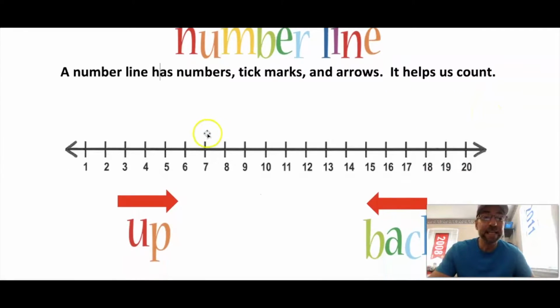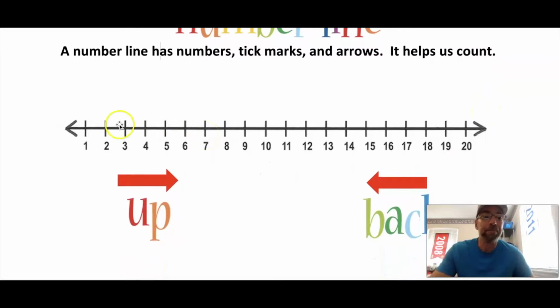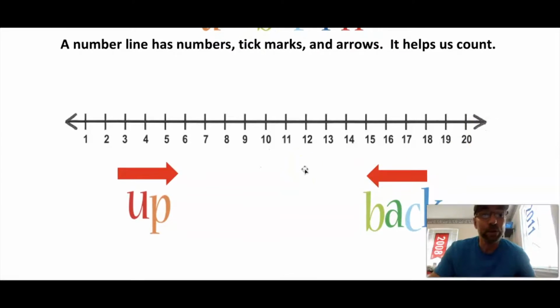So you can see here that we have a number line, and my number line has a whole bunch of numbers, and my number line has tick marks. These are these little lines that each one represents a number. And then I have arrows at the beginning and at the end because a number line can go on and on and on forever.